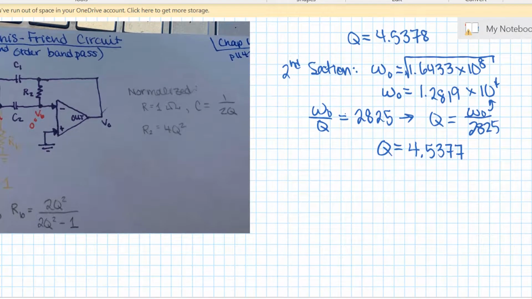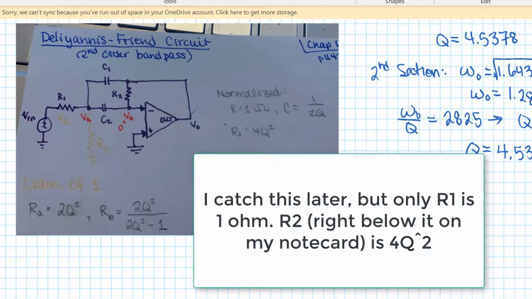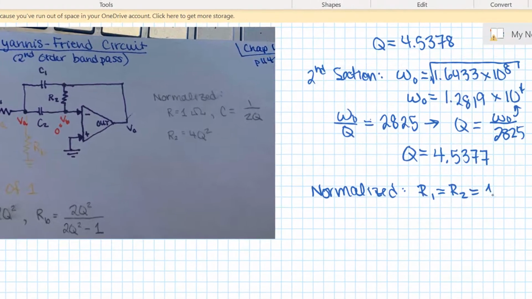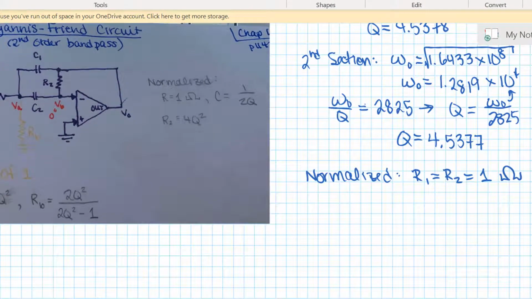On my card, I put the values for the normalized circuit: R1 and R2 are equal to each other. So for the normalized, R1 equals R2 equals 1 ohm, and that's for both sections. And the Q was the same. It was just rounding, but it was the same.